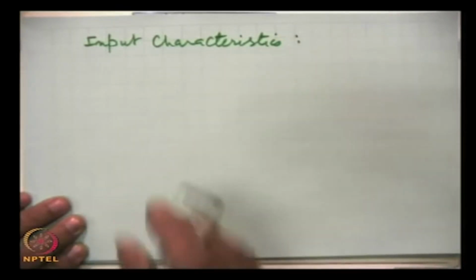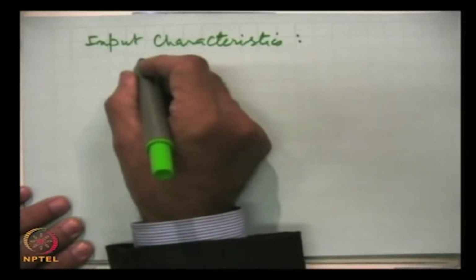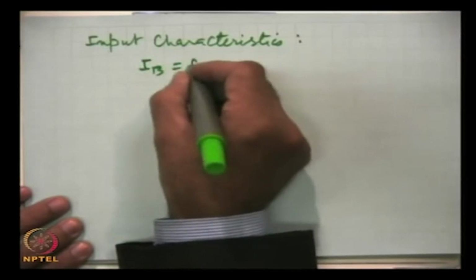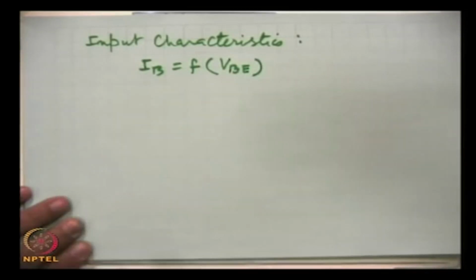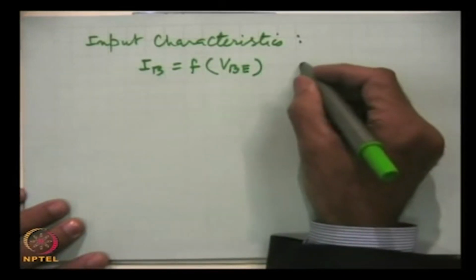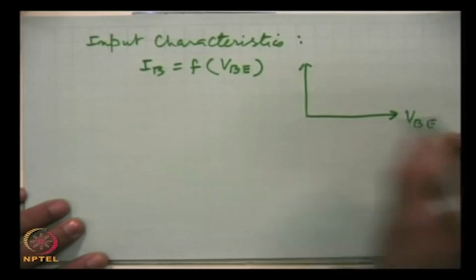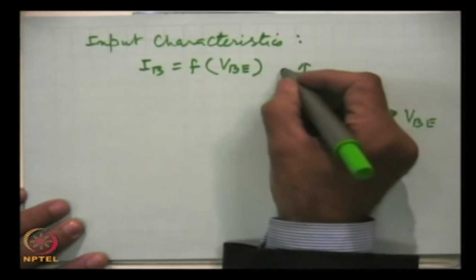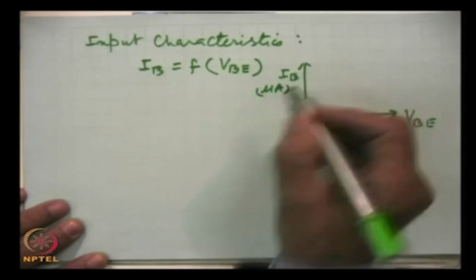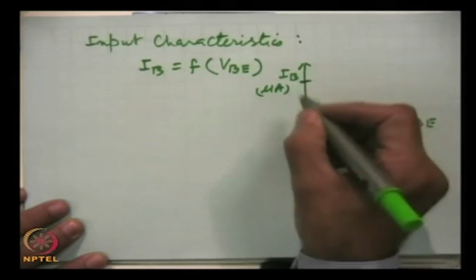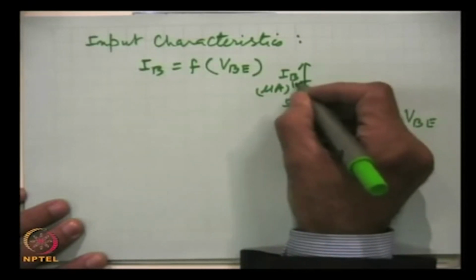Input characteristics. These characteristics are plotted IB as a function of the input voltage VBE, and we can plot them here. This is VBE and this is IB, and this is normally in microamperes, for example 100, 50, 0, and here it is 100.